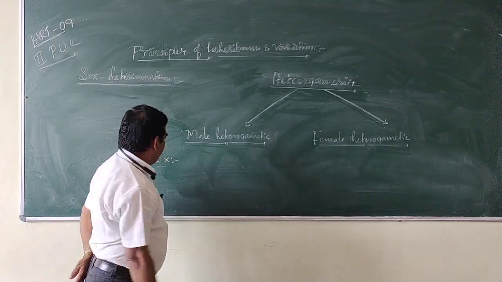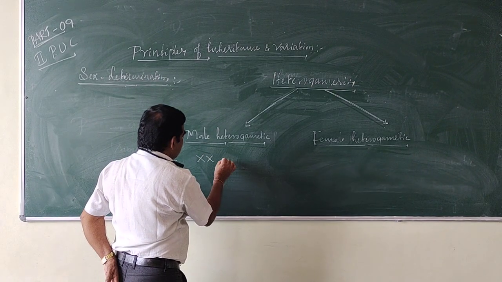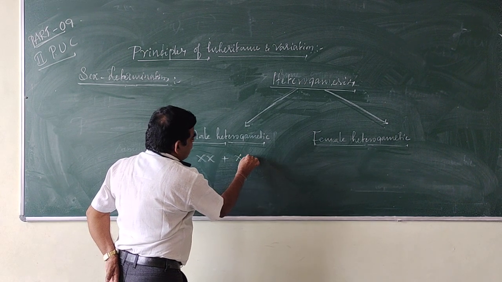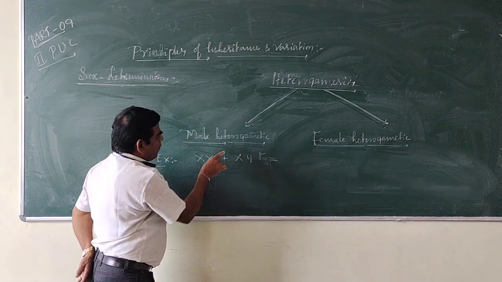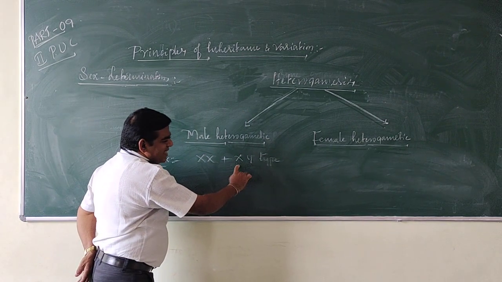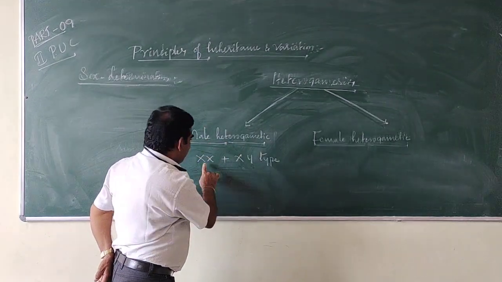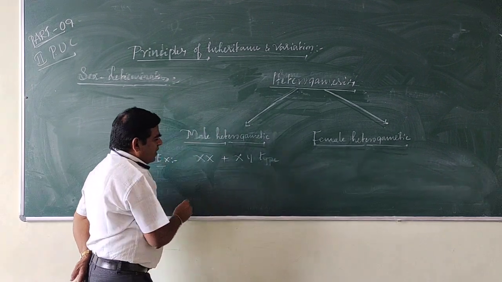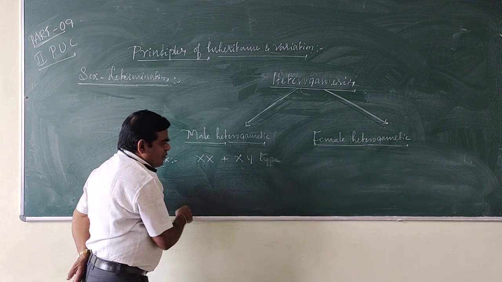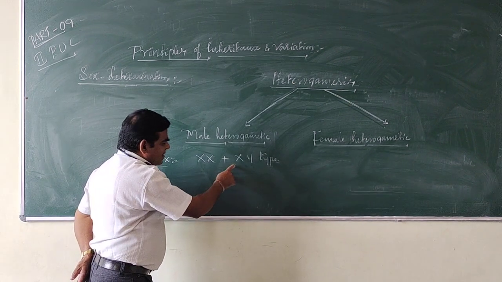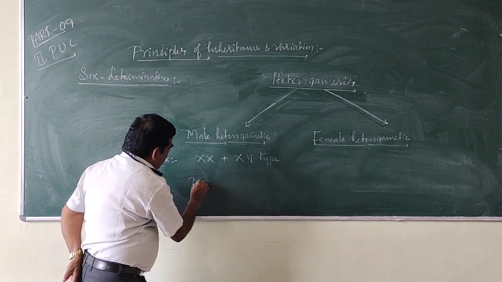For example, in the XX and XY type, males are heterogenetic, since XY are dissimilar. This type of sex determination occurs in Drosophila.